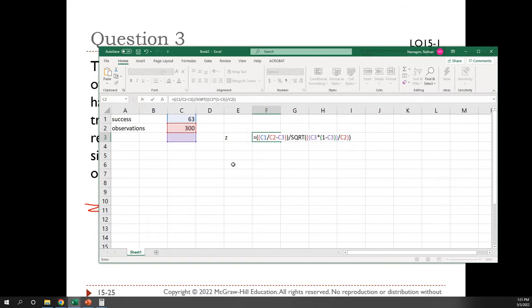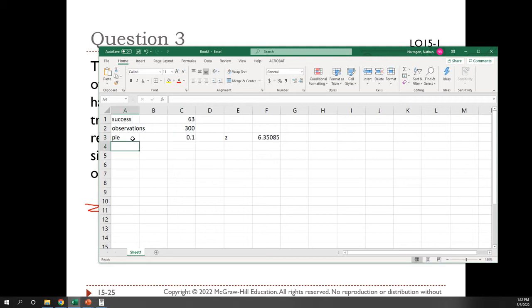Okay, there we go. Hit enter. It says it cannot be divided because we haven't put pi in, which is 0.10. So we come out to 6.35. Now, every time I do this problem, I'm only looking for the Z statistic for one sample, and I have all the information already in. So this is Z for one sample. So we reject the null, and we conclude that the proportion of carpool cars on the turnpike is not 10%.